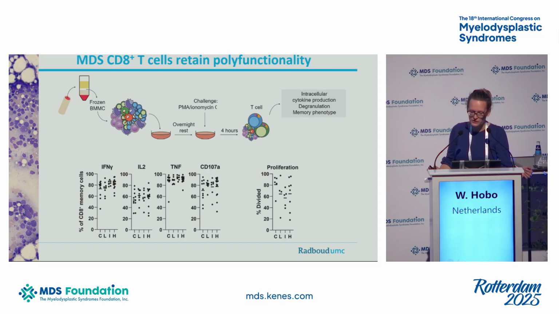And also the proliferation capacity of those T cells was still retained. So it's really interesting. They have an increased skewing towards terminal differentiation, high expression of checkpoint molecules, but still they are capable of producing cytokines and proliferating.